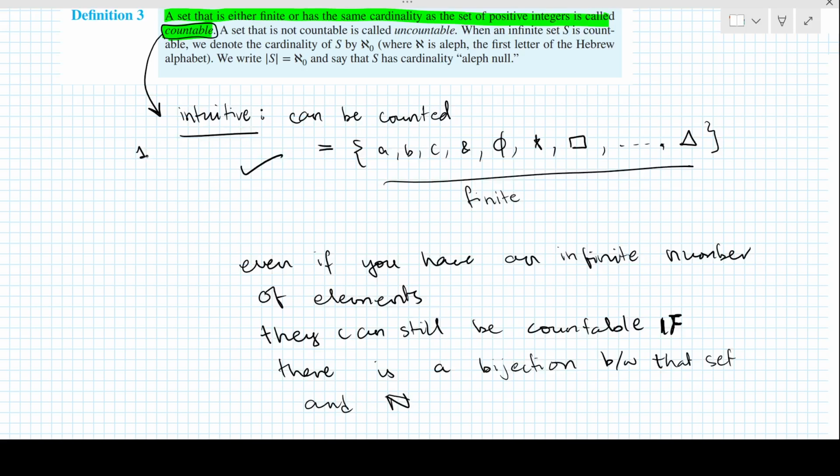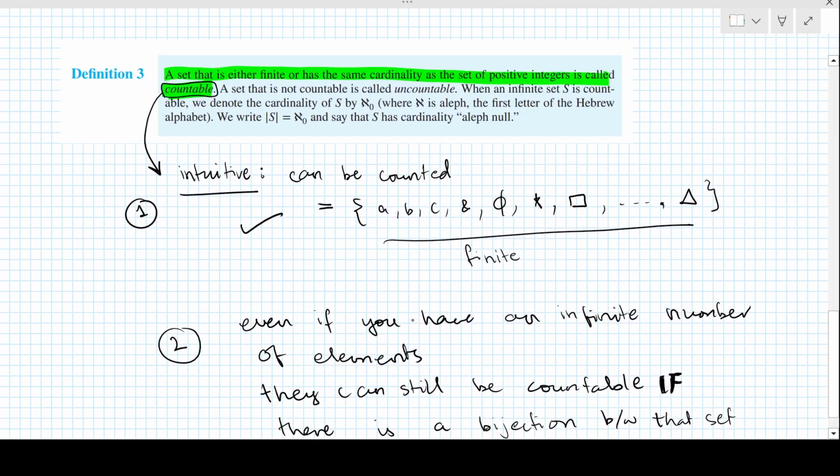So this first intuitive definition checks out. The second part needs you to look at it, give it some time, look at some examples, and only then you can convince yourself of it, right?